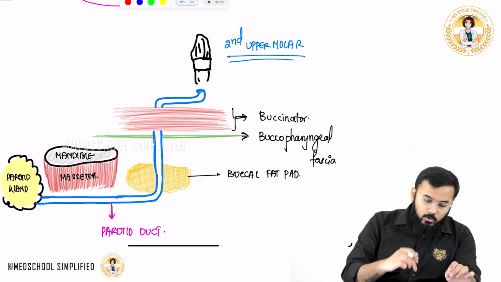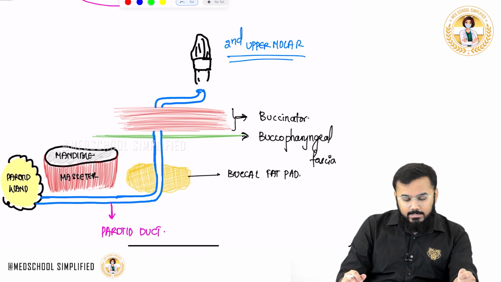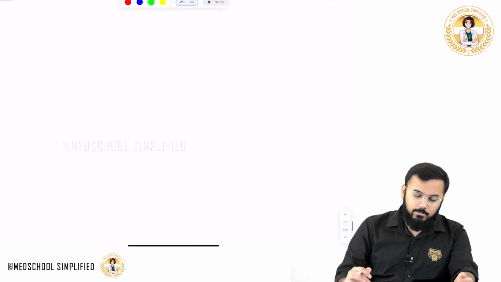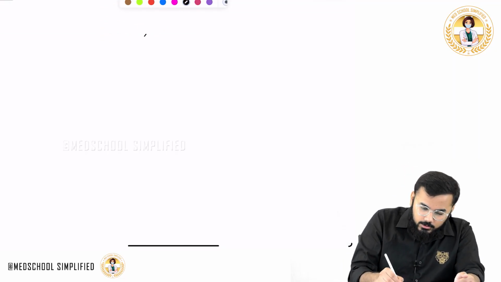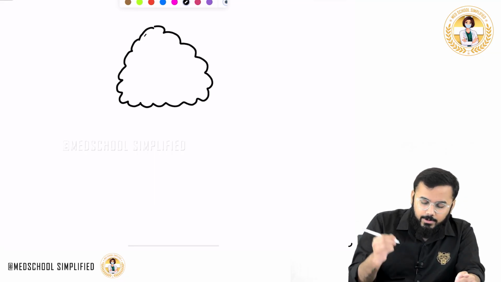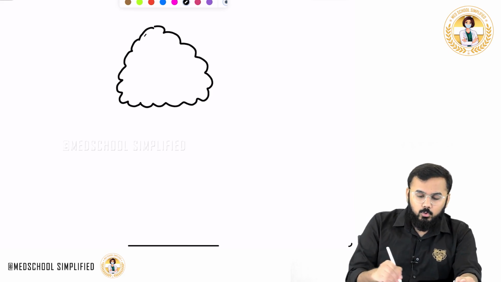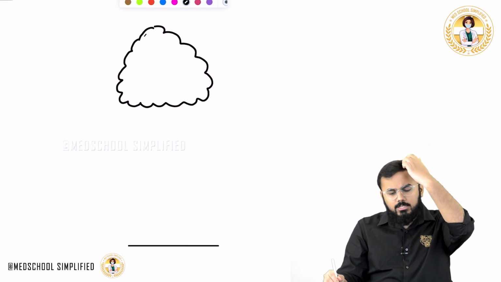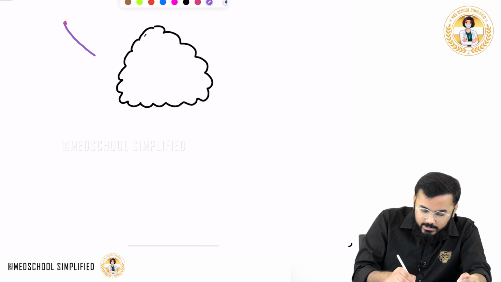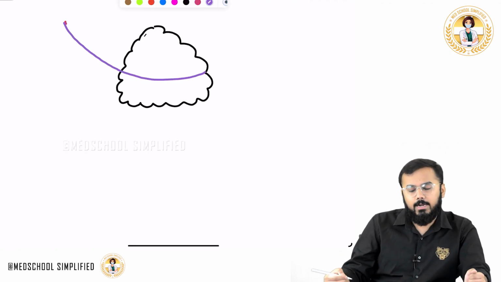Now, if you look within the parotid gland, let us see what structures are passing through it. Let us say this is your parotid gland. There is a structure that passes directly through the parotid gland like this.